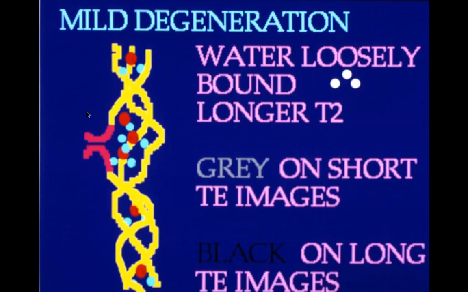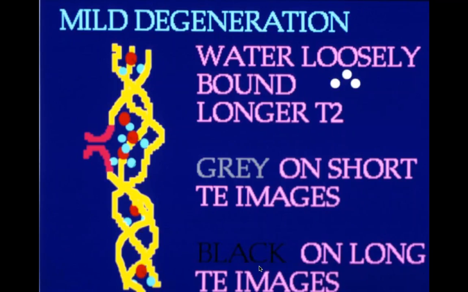When you get mild degenerative changes, you start getting fraying and tearing of the triple helix fibers. In those areas, you get more water, and this water also tends to have increased freedom of motion. Then on short TE images, we can start getting gray signal intensity, but on T2 weighted images, it's still black.